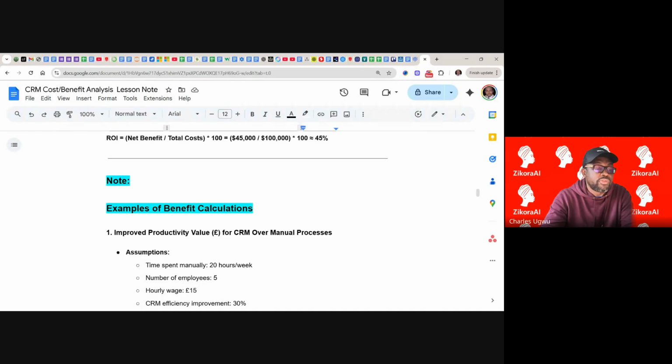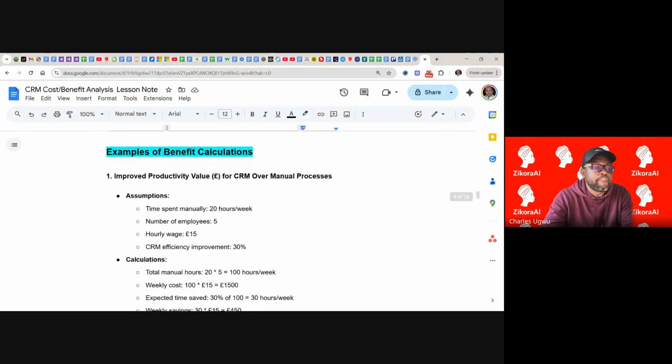Let's look at the improved productivity value for CRM over manual. So in your own case, even if it's not CRM, everything is still automation. Here is manual.